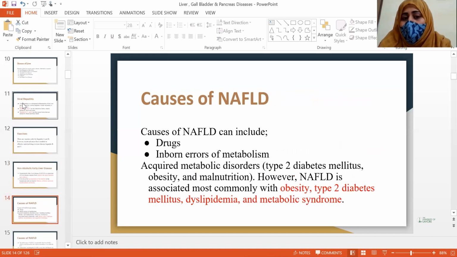Causes of NAFLD. The main causes of NAFLD can include drugs, inborn errors of metabolism, and acquired metabolic disorders, which include type 2 diabetes mellitus, obesity, and malnutrition. However, NAFLD is most commonly associated with obesity, type 2 diabetes mellitus, dyslipidemia, and metabolic syndrome.